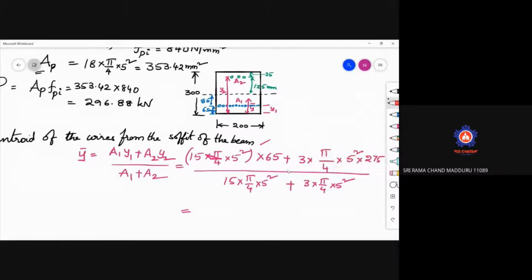From the soffit of the beam, the distance is 100 mm.